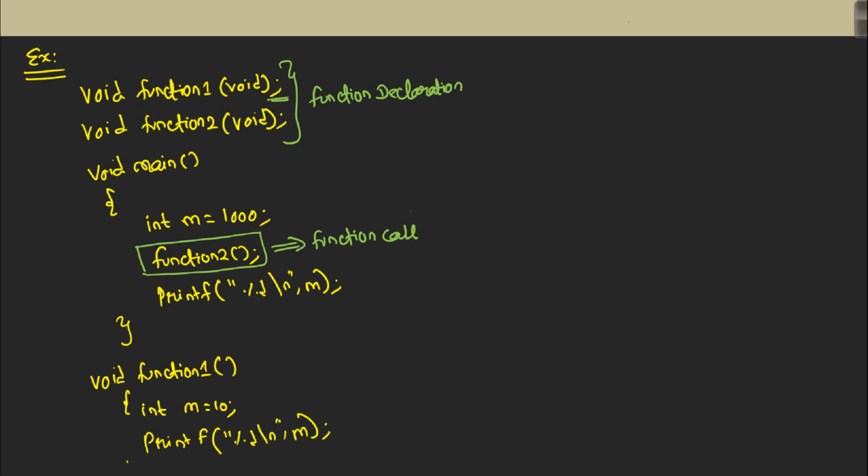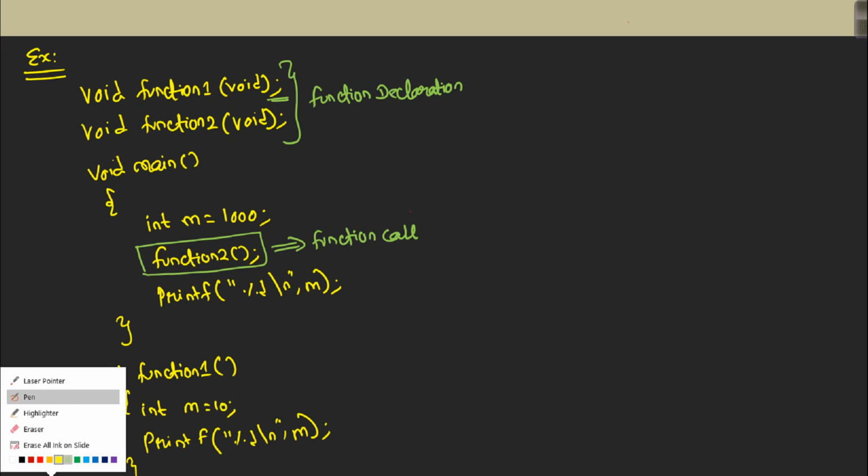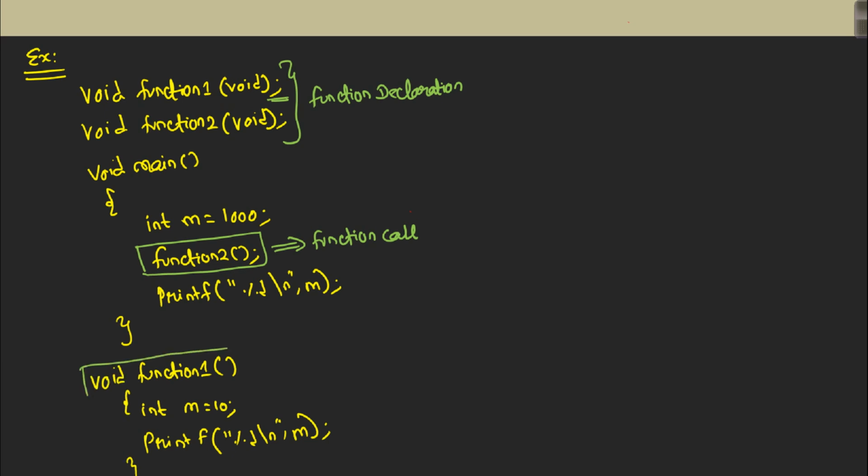I am closing this. The moment you see this, you understand that the return type, function name, list of parameters, semicolon is not present, but you are opening and closing braces, so this is nothing but a function definition, right?